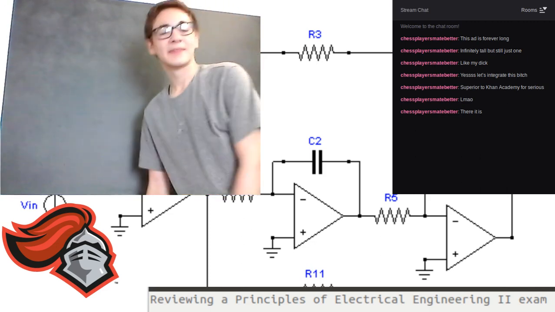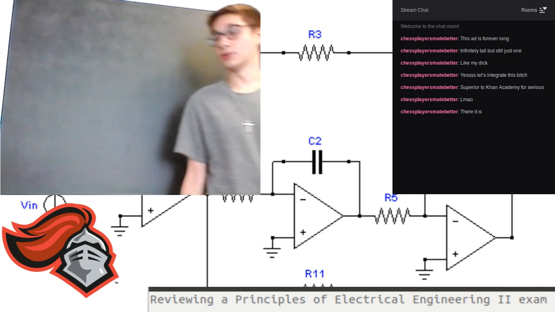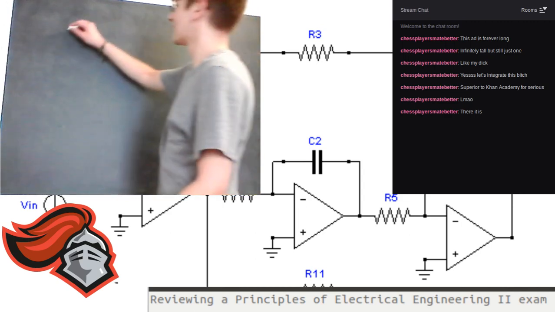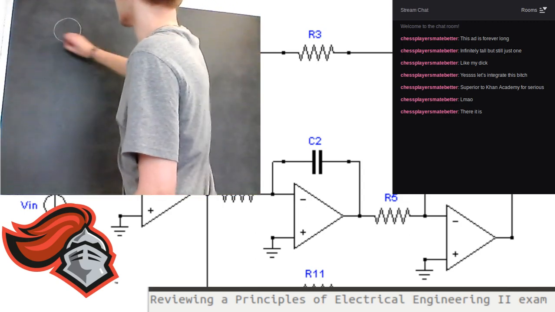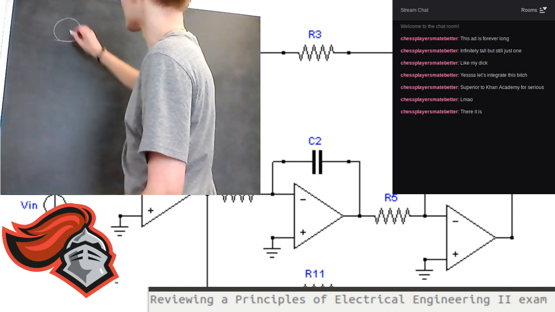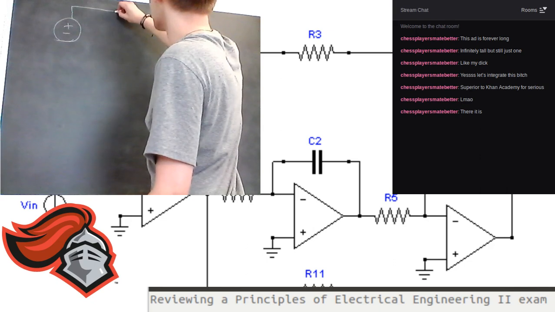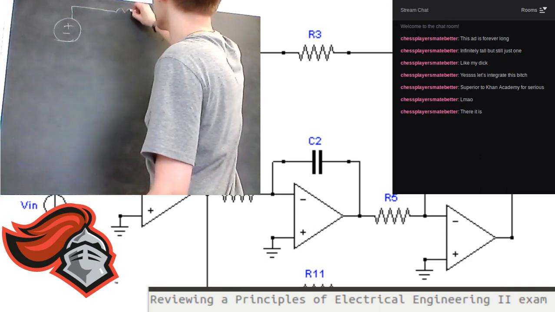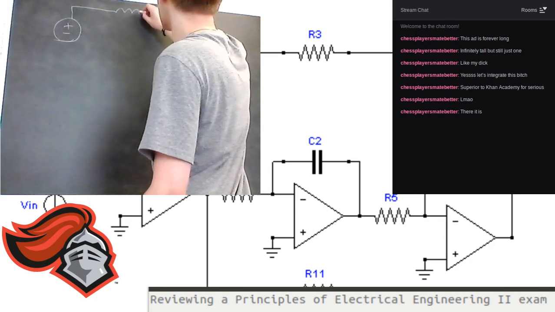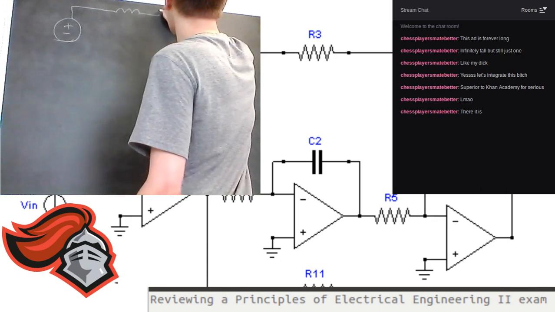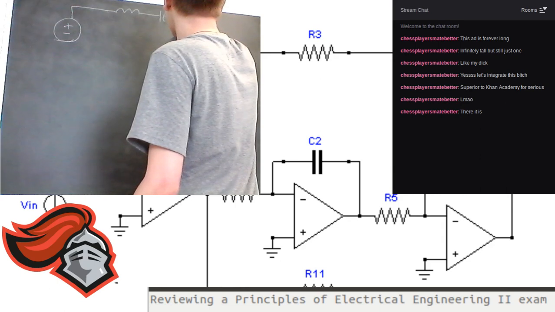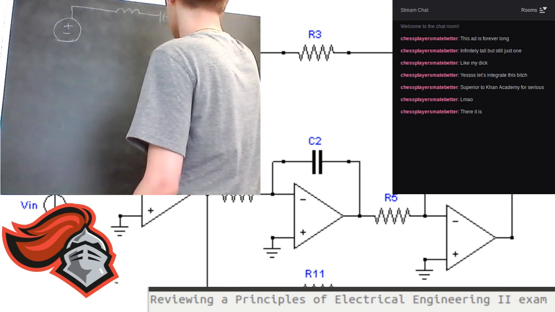All right, number 2 was you were given a circuit with, I believe, an inductor, a capacitor, and a resistor.